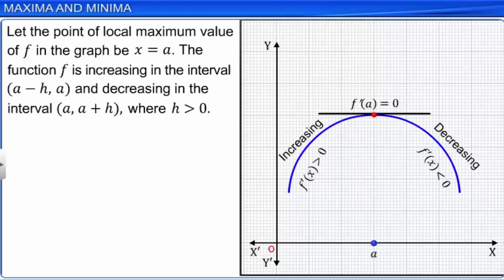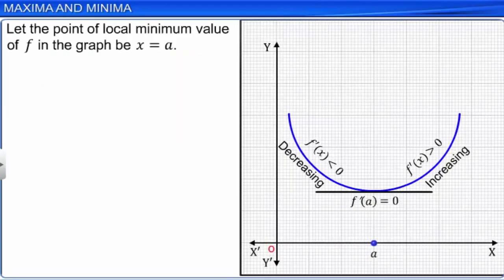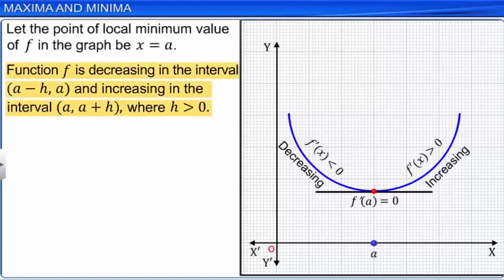Now, let x is equal to a be the point of local minimum value of f. Then the graph of the function f around a is as shown. In this case, f is decreasing in the open interval (a minus h, a), and is increasing in the open interval (a, a plus h), where h is a small positive number.